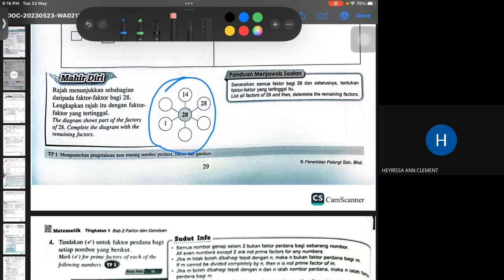For this type of question, you just list 1, 28, 2, 14, 4, 7. Okay. Which are the missing numbers? You just fill in the missing numbers. So 2, 4, and then 7. So these are the numbers.